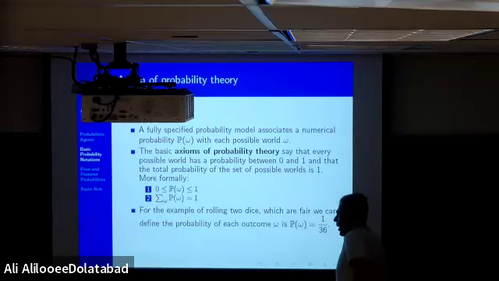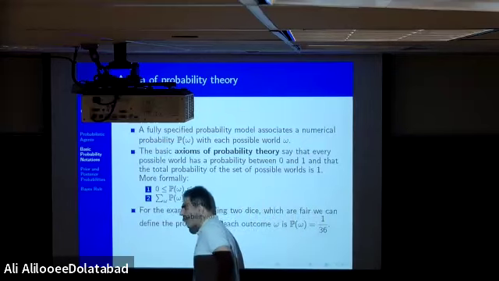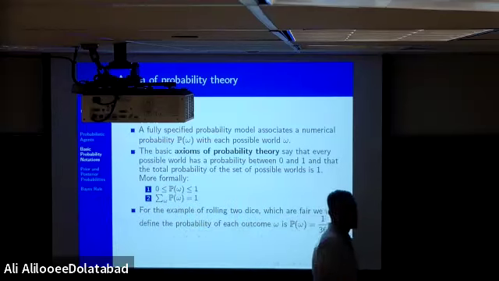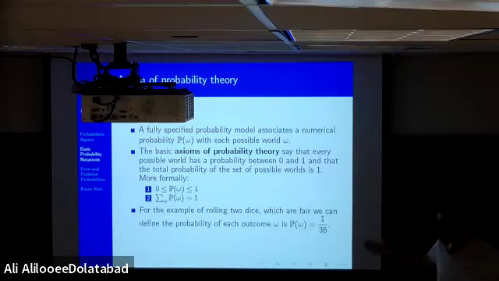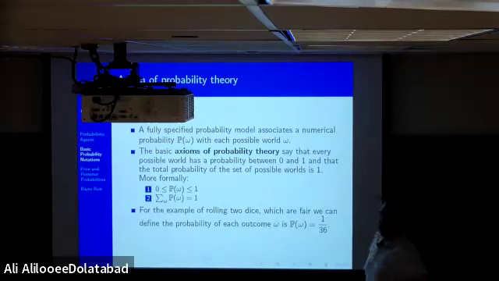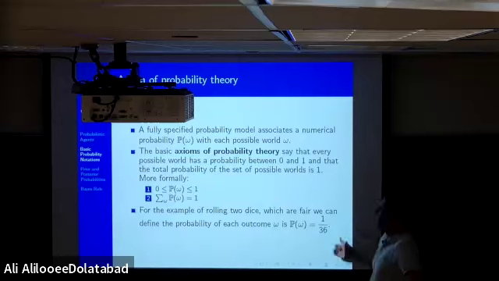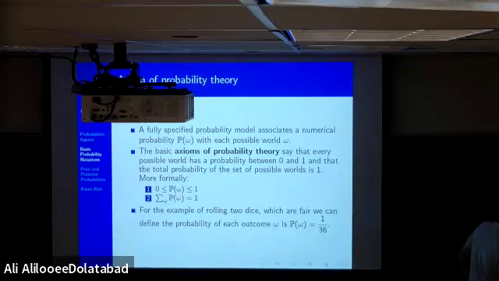As you can see, we are assuming that every outcome in the sample space of rolling 2 dice has the same chance. A situation like this is called a fair experiment. It means that you assume all outcomes have the same chance to occur, and that chance is 1 over 36.